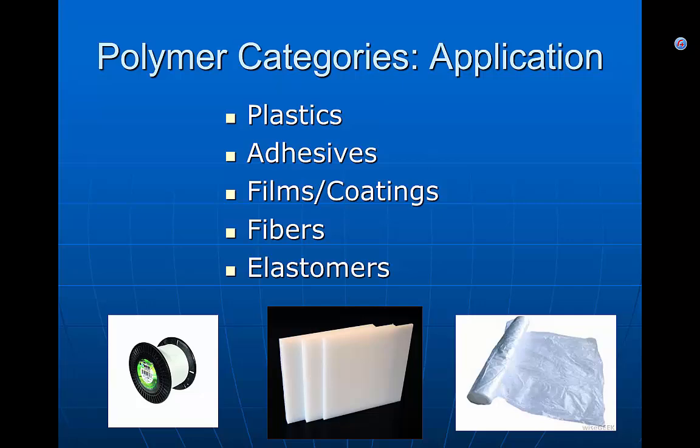Right, polymers are also broken down by application. And you have to be aware that if you're working with a particular chemistry, let's say polyethylene, you may use polyethylene in fiber form. This is fishing line. It's a polyethylene product. You may be using polyethylene in bulk. We call this a plastic application, sheets.